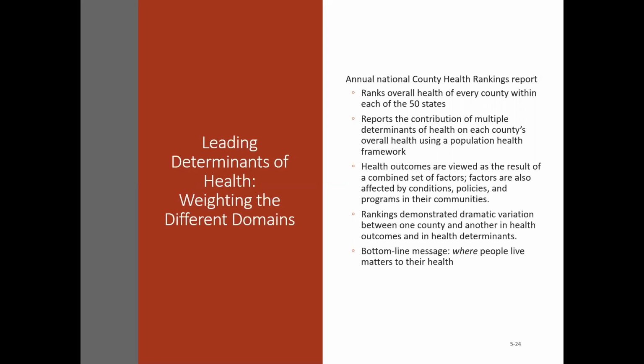They use a population health framework, really looking at health outcomes as a result of a combined set of factors also affected by conditions, policies, and programs in their communities. The rankings are demonstrated by variation between one county and another in health outcomes, and then health determinants. Those are the 2 areas that they look at: health outcomes and health determinants. And really back to what I mentioned earlier, zip code determines our health outcomes, or where people live matters to their health. We can also integrate with that where people work, learn, and play also matters to their health as well.